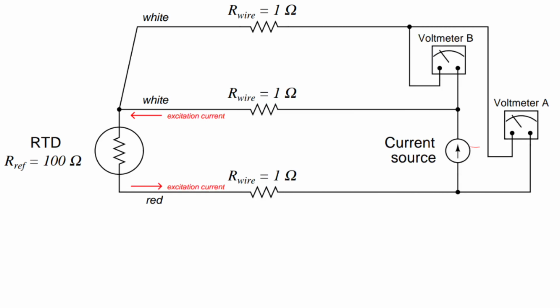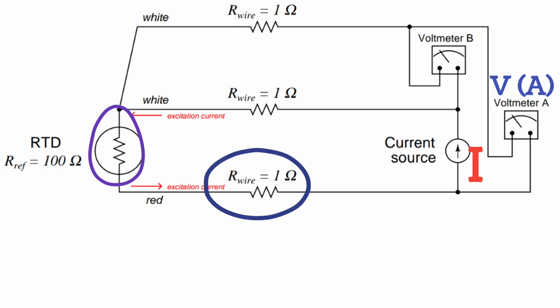In a 3-wire RTD circuit, we have a constant current source irrespective of the resistance of the RTD, same as in 4-wire, but here we have 2 voltmeters, voltmeter A and voltmeter B. Voltmeter A measures the voltage dropped across the RTD plus the voltage dropped across the bottom current carrying wire.